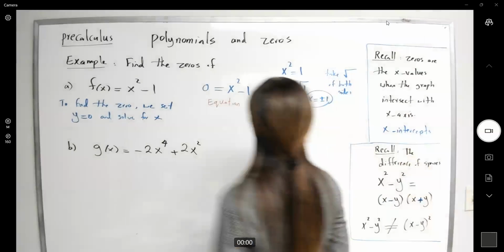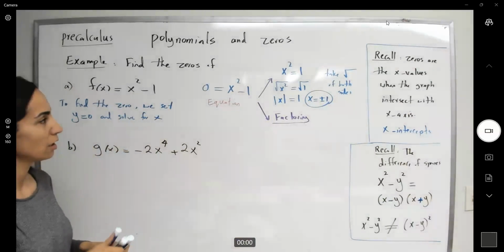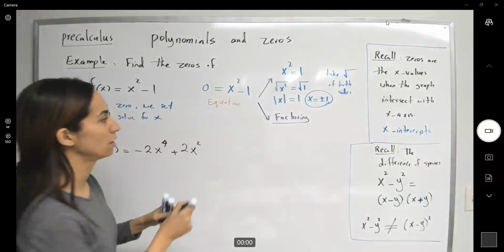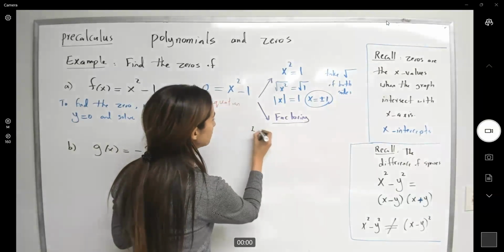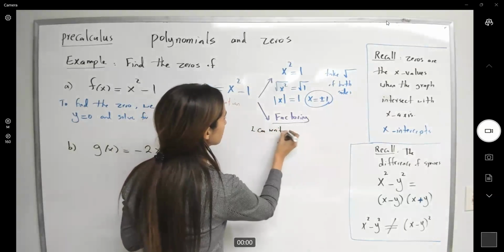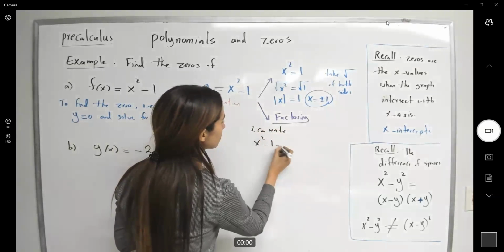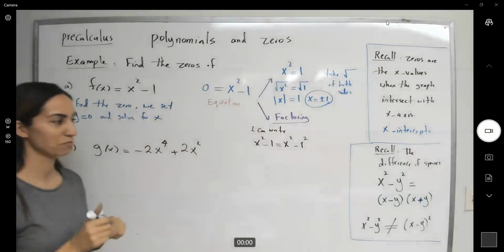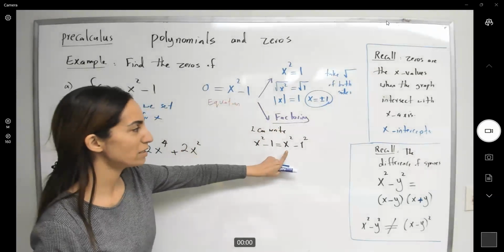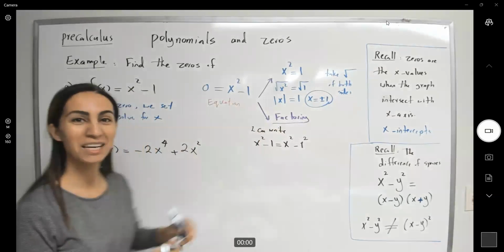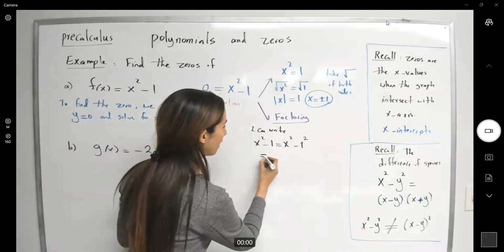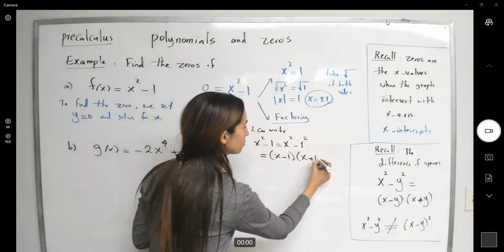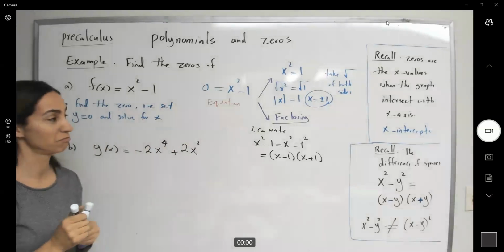So let us identify. Here I have x squared minus 1. I can write x squared minus 1 as x squared minus 1 squared. It can be written in factored form, x minus 1 times x plus 1.